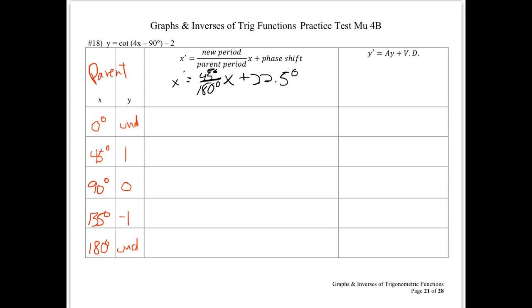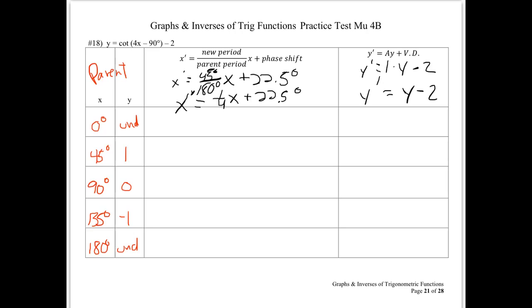And this simplifies to x prime is 1/4 of the original x value plus 22.5 degrees. To find my new y value, I take a, which is 1, times y, add in my vertical displacement of negative 2. So y prime is y minus 2.